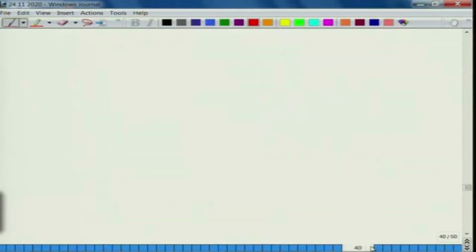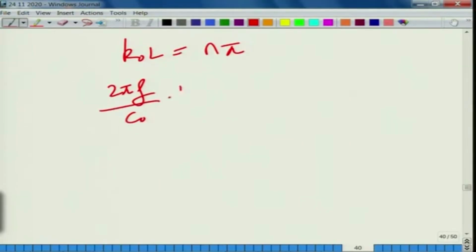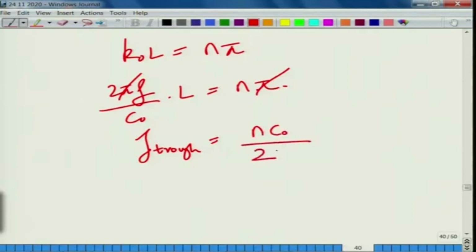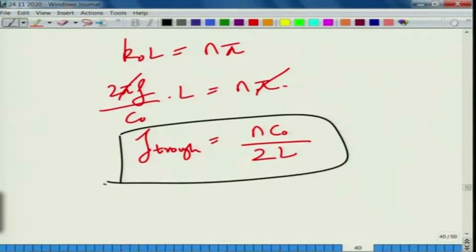So, let us simplify this. k naught L is equal to n pi. So, you get 2 pi f by c naught times L is equal to n pi, pi is cancelled, and f trough occurs at n c naught by 2L, where n is equal to 1, 2, 3. n is equal to 0 will obviously be a trivial case, that is at 0 frequency.